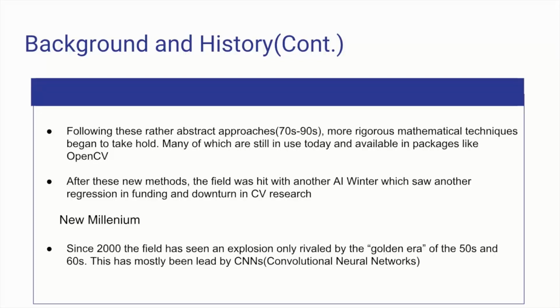The new millennium is where everything started picking up, not just in computer vision, but in the rest of artificial intelligence and machine learning. Since 2000, we've seen an explosion that's only been rivaled by that golden era of the late 50s, early 60s, where tons of algorithms like search were solving simpler contexts of computer vision and reinforcement learning problems.